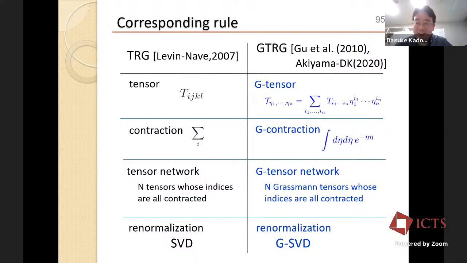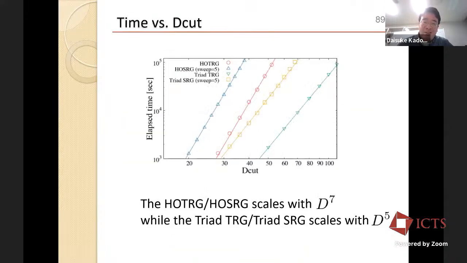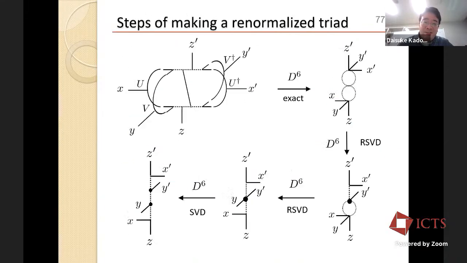I didn't discuss the technique in detail in this lecture, but by using Grassmann SVD, the Grassmann tensor is decomposed into two Grassmann tensors.